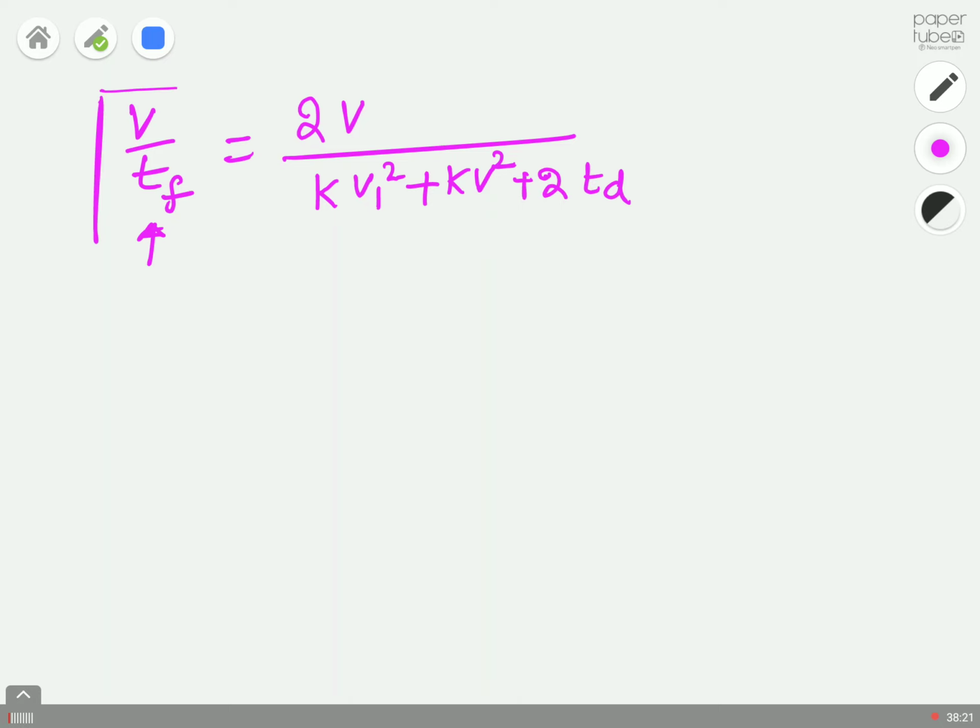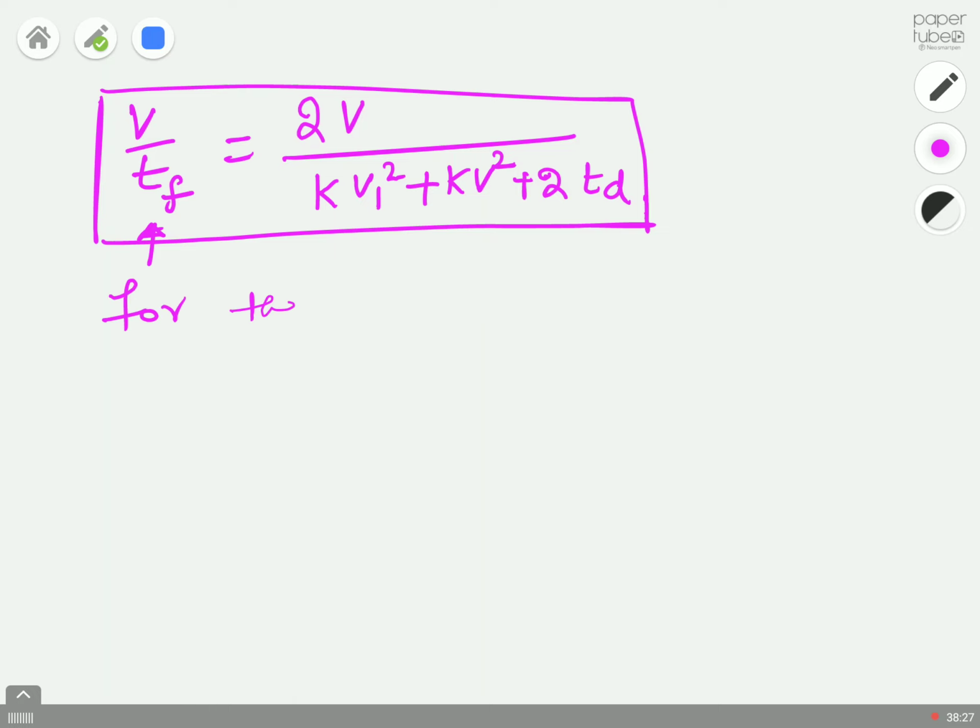So that's the total filtration rate. So for the rate to be maximum, if you are operating the filtration rate at its maximum, then what will be the time required for filtration? That's something we need to calculate.